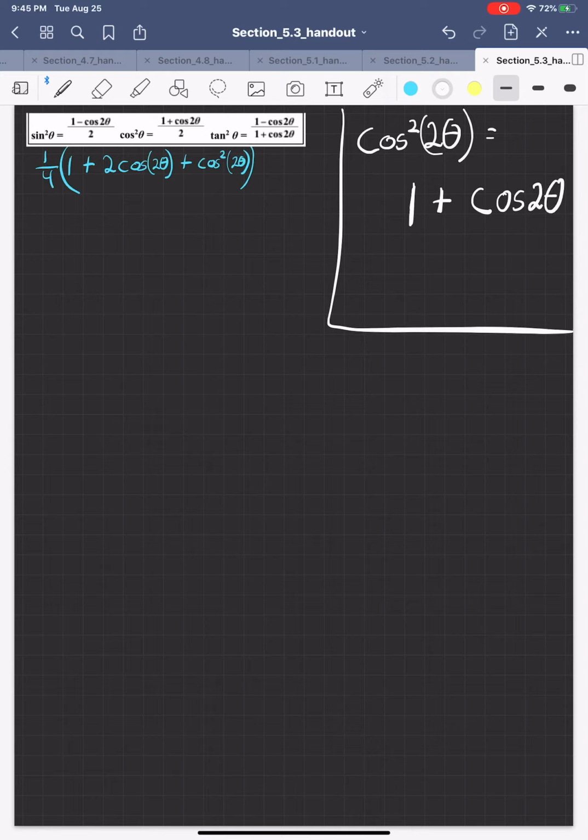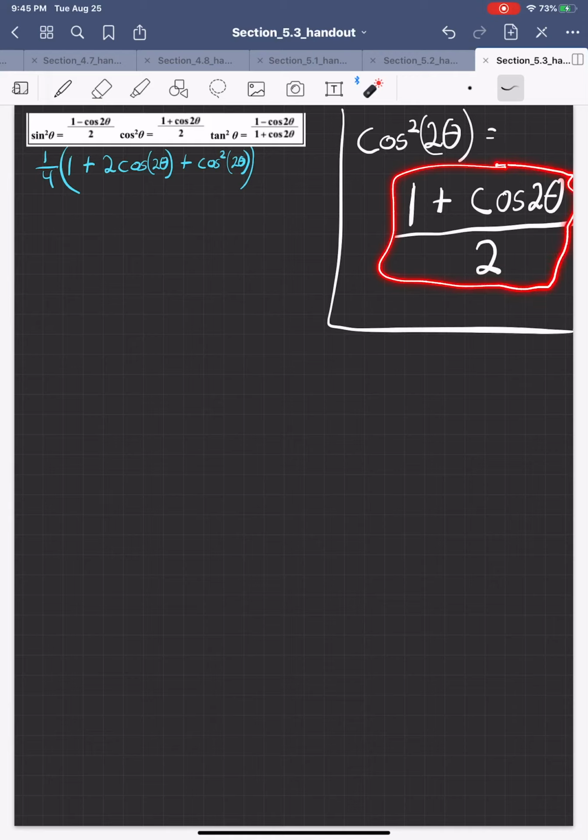I'm going to adjust this in just a second. Okay, so this formula is perfect if I have cosine squared of theta. But I don't have a theta. I have a double theta. So, in other words, I need to adjust the double theta.